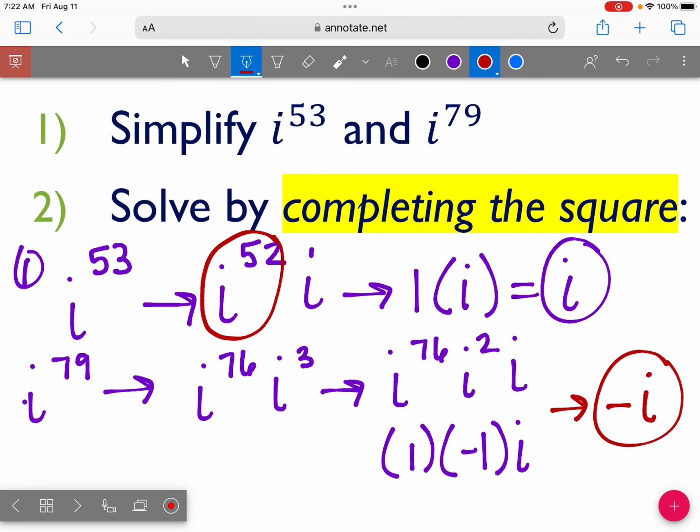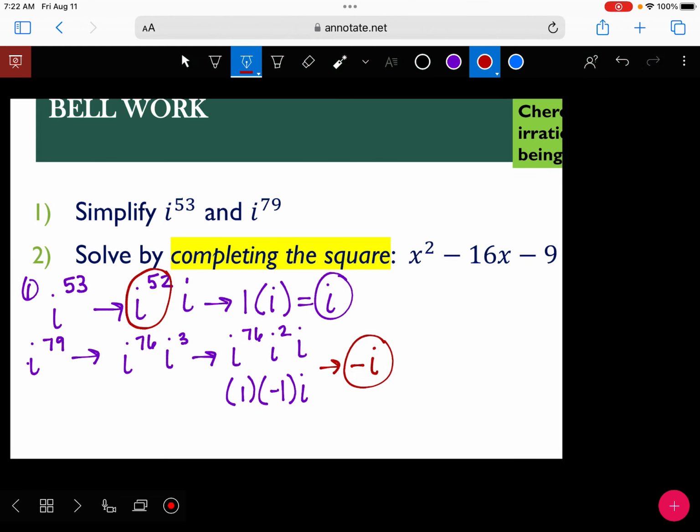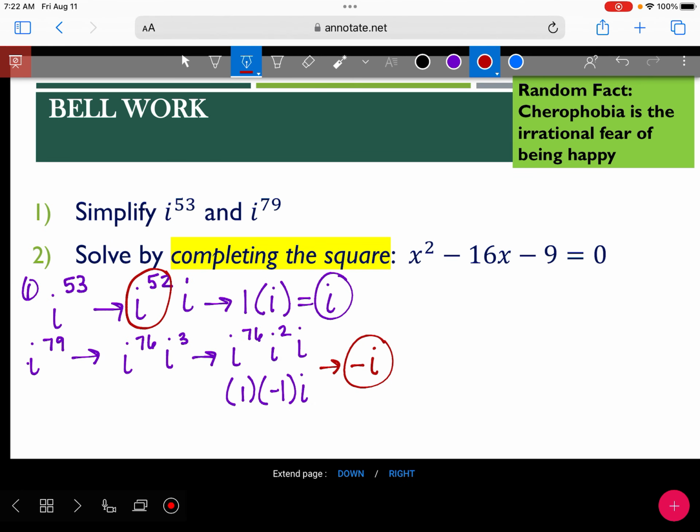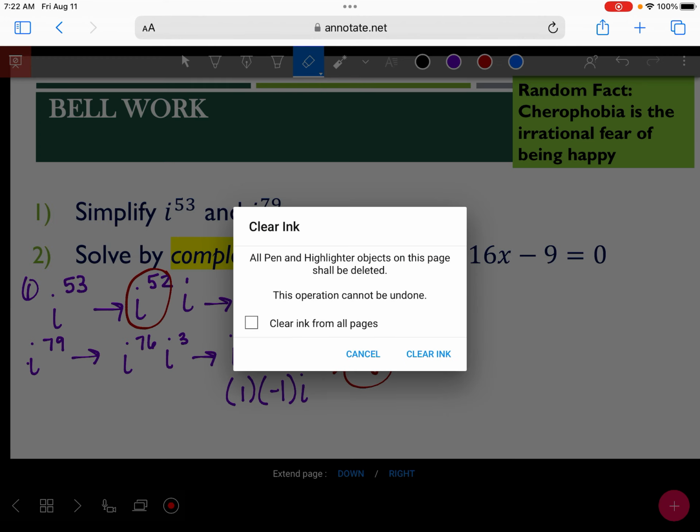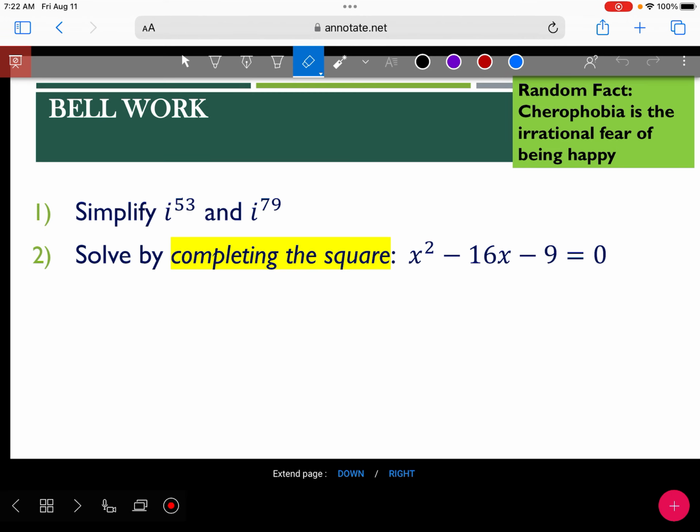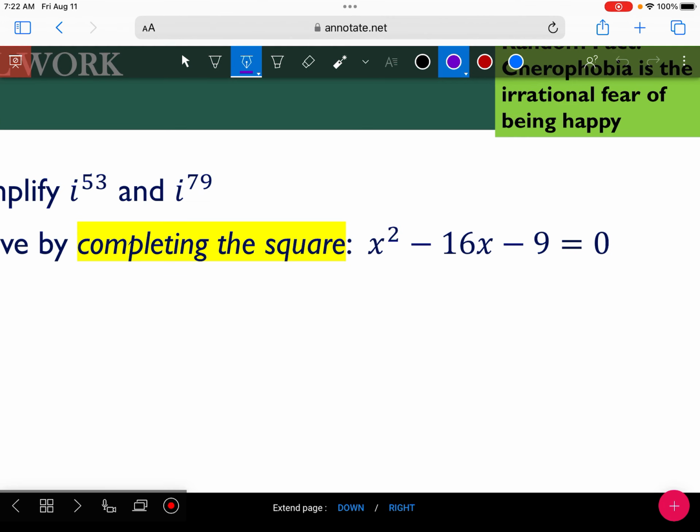All right, let's look at question number 2. Completing the square. Did anyone actually do number 2 yet? All right, so number 2 is a recipe that I gave you when we started this. Just be mindful that when you complete the square, you do not want it to equal 0. For completing the square, and it looks like I gave you one that was pretty easy, you add the 9.